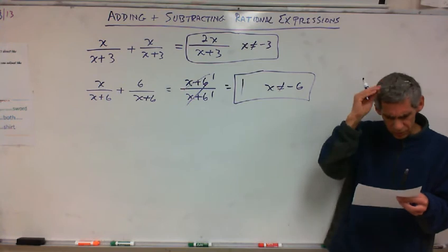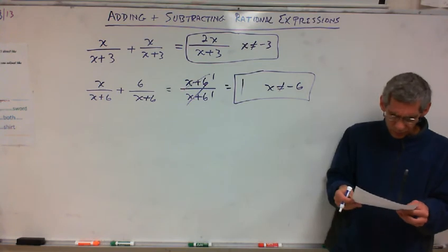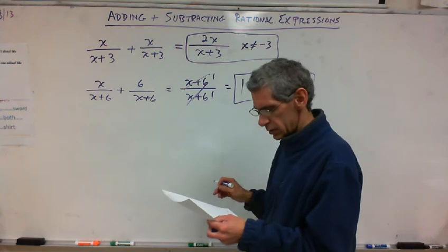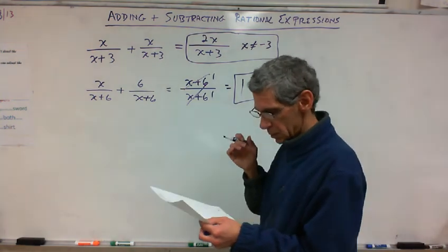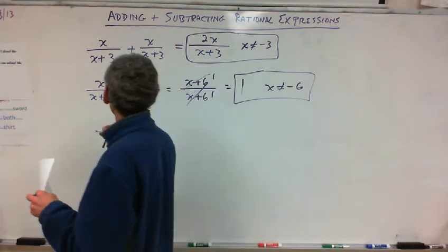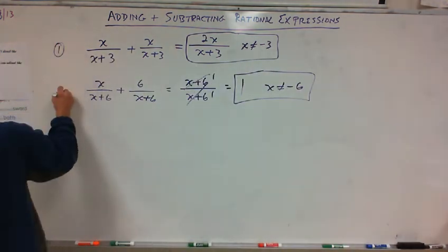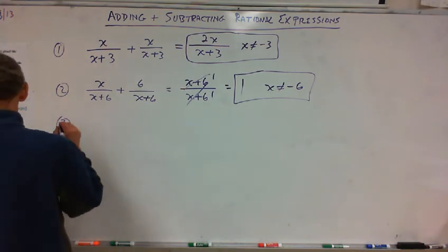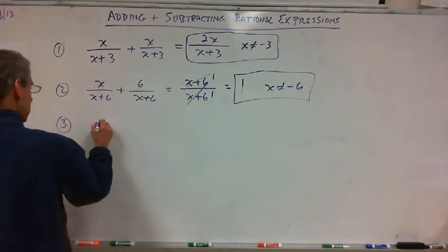What if I gave you, okay, let's see, how do I do that? Okay, how about this one? So this was 1, this is 2, here's 3. What if I gave you this?